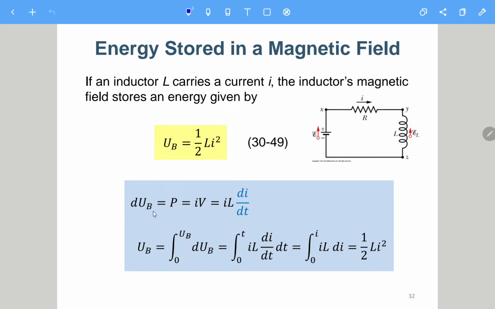The derivation is like this: U_B is the potential energy in the B field.